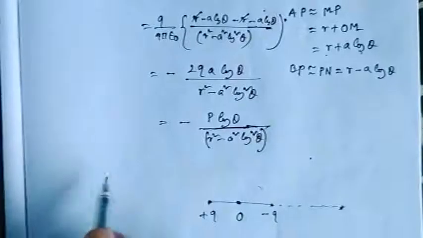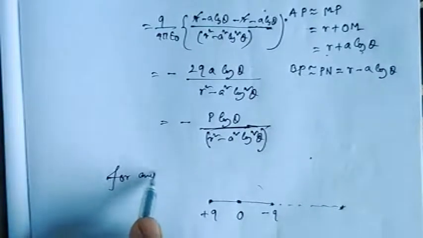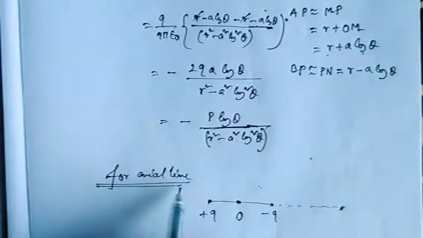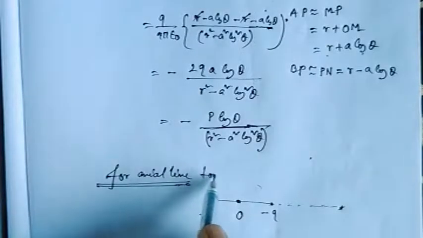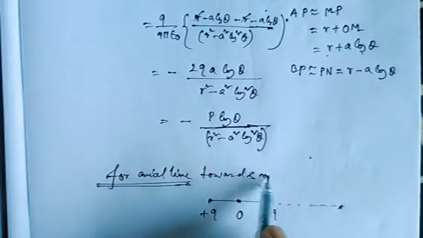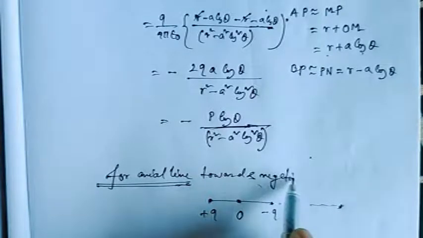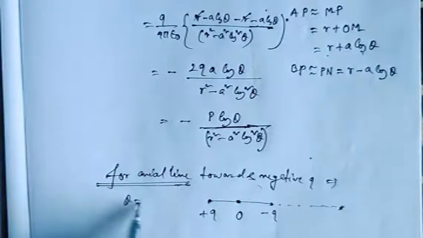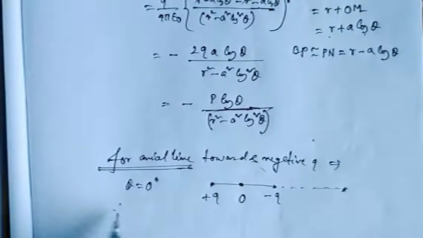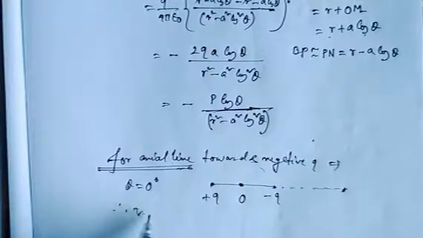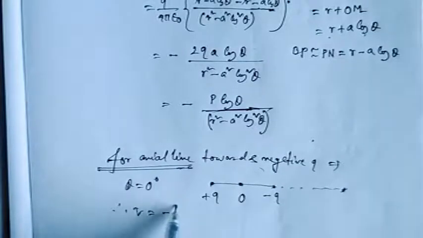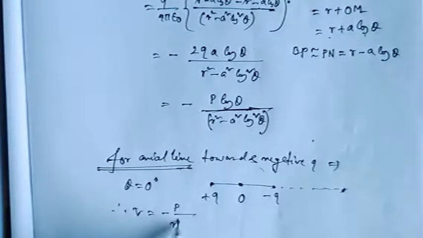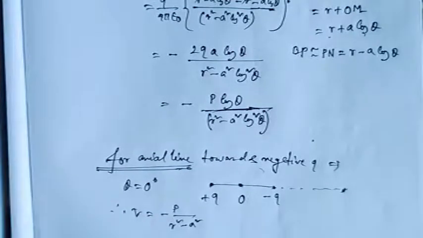So for the axial line towards negative Q, meaning minus Q, theta is equal to 0 degree, and hence potential V will be minus P cos 0, which is 1, by r square minus a square.